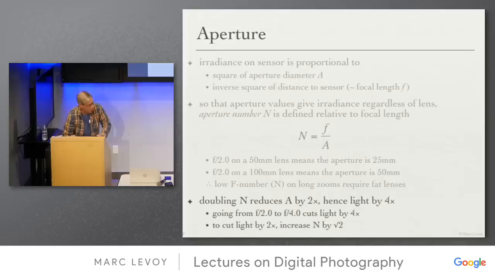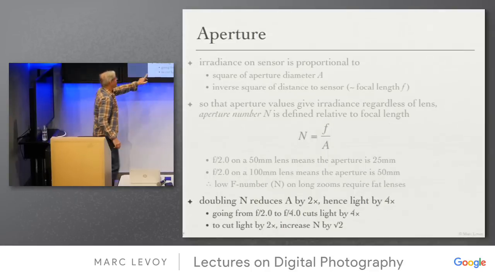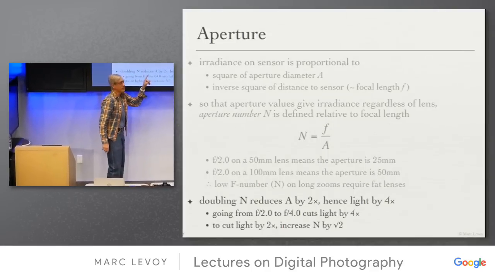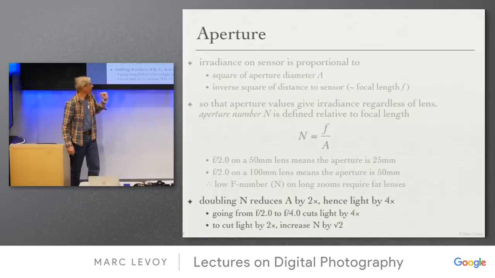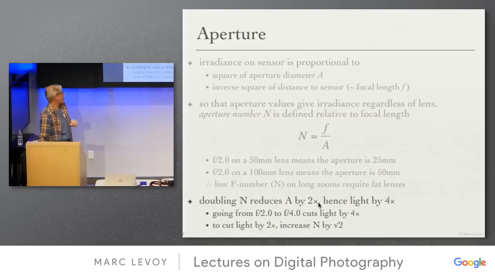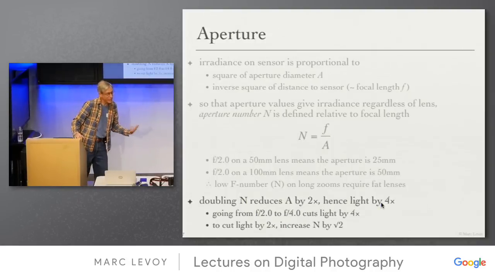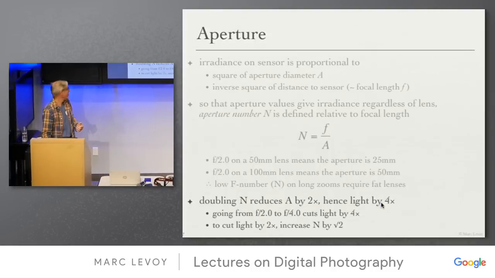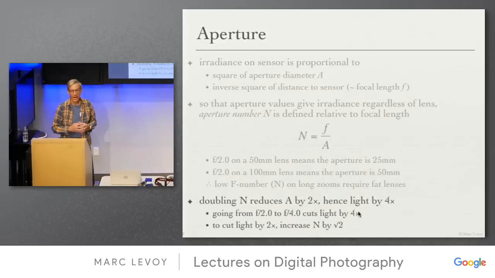And so doubling this number, if you hold f constant, reduces A by 2x. Since that's the diameter, that reduces the light by 4x. So going from f2 to f4 cuts the light by 4x.